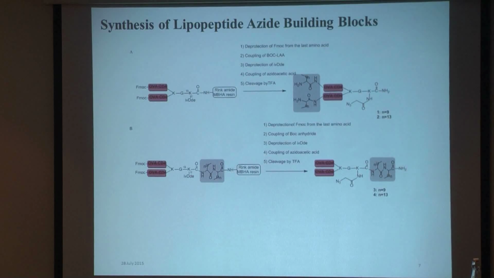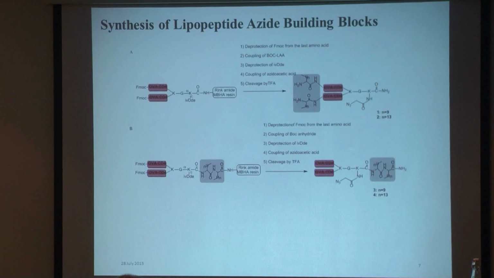So to make these constructs, first I synthesized the lipopeptide azide building block using standard microwave-assisted solid-phase peptide synthesis to synthesize the peptide and then attach lipid at the N-terminus of OVA CD8, and then using an orthogonal scheme, replace the azide moiety at the start of the molecule.